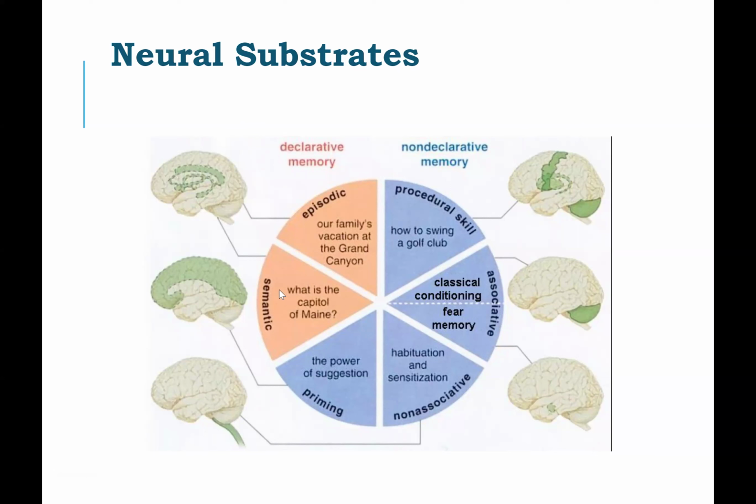I didn't mention that. Now, episodic memory that we're going to talk about is more hippocampus. A lot of it is happening in the hippocampus, which is involved in planting a lot of these episodic memories. Our ability to recall memories from the past and also generate new declarative memories, a lot of it is hippocampus. Our family's vacation at the Grand Canyon is one of them.